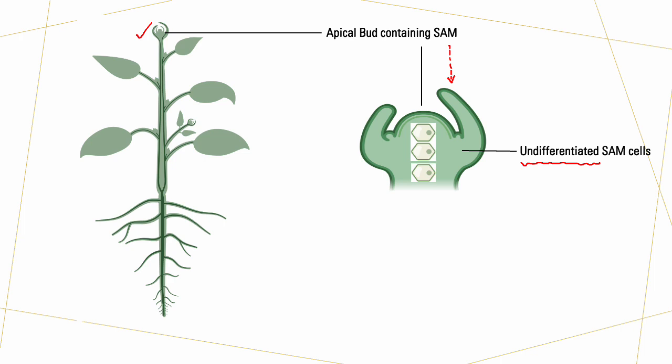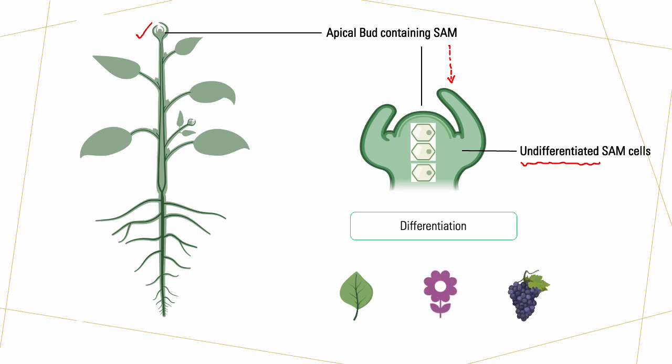They do not know anything yet, but depending upon the signals coming from the surrounding cells or from within them, they are going to form certain types of cells. That process, which you must have learned, is known as differentiation.